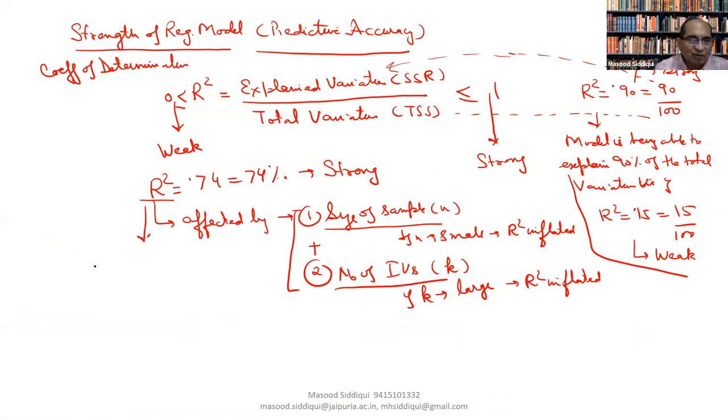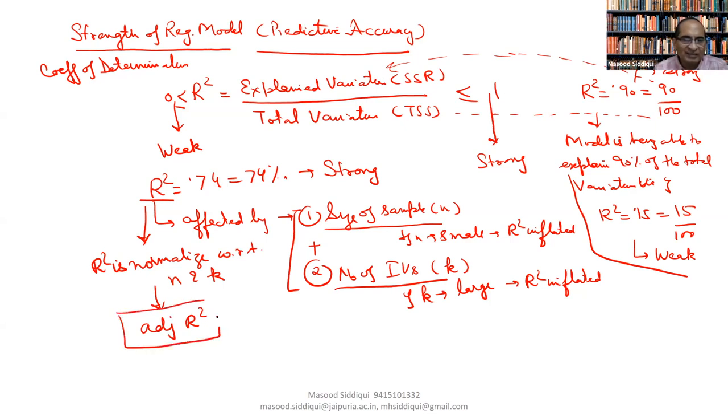So this R square is normalized with respect to size of sample and number of predictors, and accordingly we have a better measure known as adjusted R square. So this R square is being adjusted with respect to the size of sample and number of predictors, right?